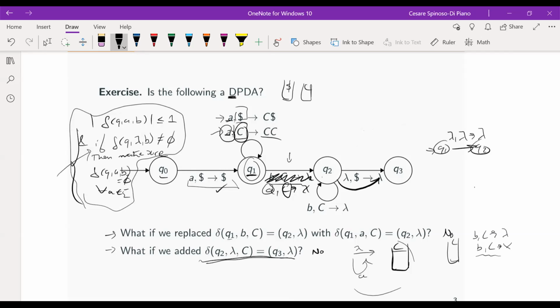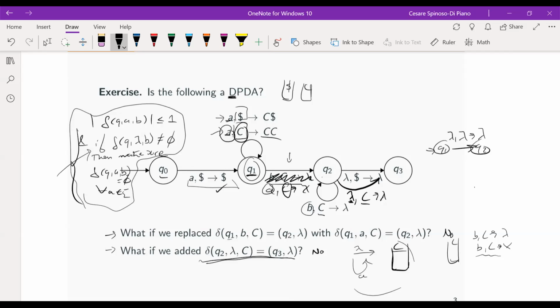So I'm adding this transition here. Essentially, this is not allowed because now I'm reading a lambda. Because I'm reading a lambda, I see a C at the top of my stack. There can't be any other transitions that have a C at the top of my stack and don't read a lambda. So that would be this, right?